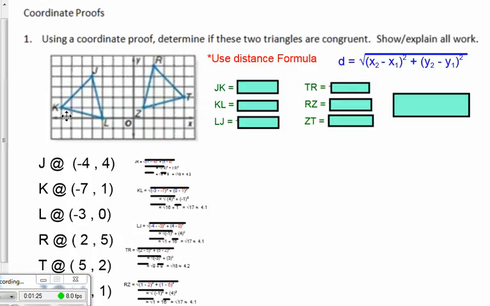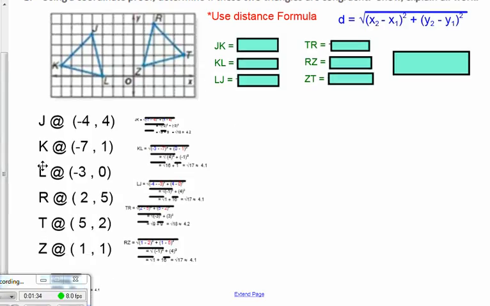For this one, we're going to be using the distance formula to show whether or not these are congruent to each other. On the side somewhere, I want you to write down the position of each of those points. The spot J is at the point -4, 4. We go back 1, 2, 3, 4, and up 1, 2, 3, 4. K is at -7, 1.